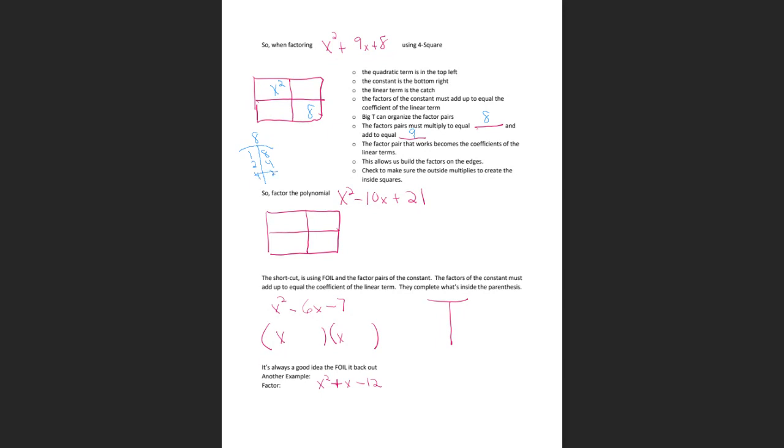Notice there really isn't a whole lot of pairs here. But the catch is I want to add up to this 9. So there are two things that have to pass. I have two factor pairs, but which pair actually adds up to 9? What we see here is that 1 and 8 actually give me the 9.